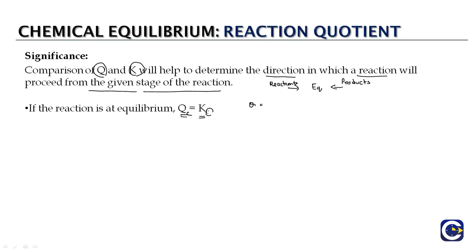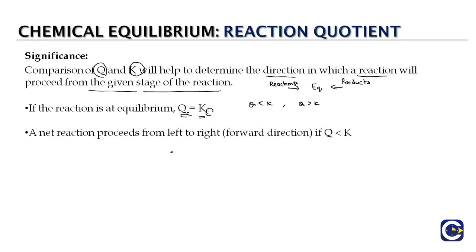Either Q will be less than K or Q will be more than K. Now if we have Q less than K, then the net reaction will proceed from left to right. So here when we say left to right, what we are essentially talking about is the reaction will proceed from the reactant side to product side. That is what we basically call as the forward step or forward direction.